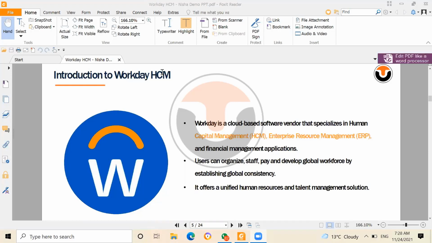This is where we configure the shift schedule. How many shifts are there in a company? What are the shifts: day shift, afternoon shift, evening shift, night shift, whatever kind of shift it is. And per employee, which schedule they are following. Suppose the HR department comes in the general shift, and the transport department works 24 by 7.